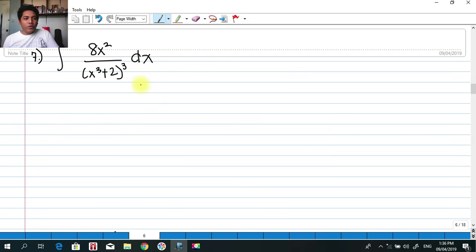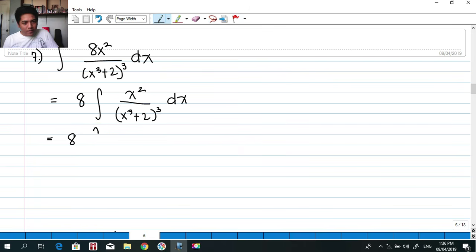Okay, so what we are going to do is, applying our simple integration techniques, we can simply put 8 outside of the integral because that's a constant, x squared over x cubed plus 2 cubed, dx.